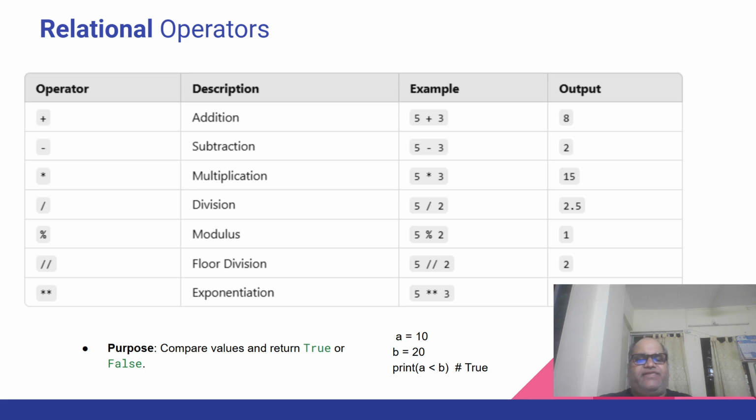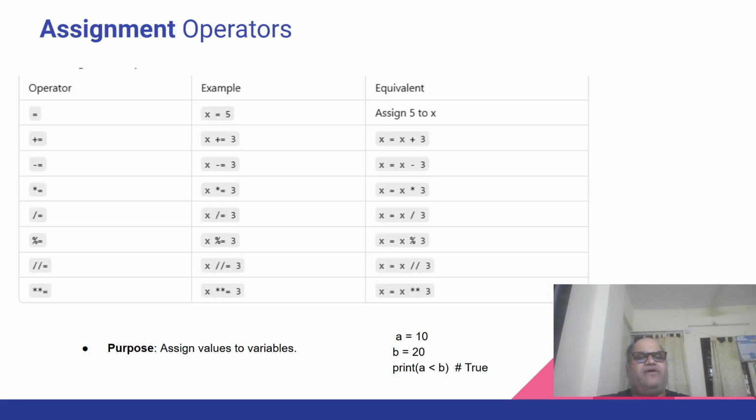So you can look at the example: A is 10, B is 20. If you look at print A less than B, whether this statement is true or not. Since 10 is less than 20, the output that you will get will be true.